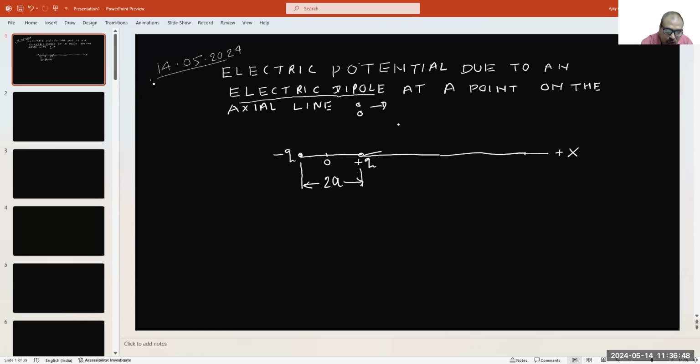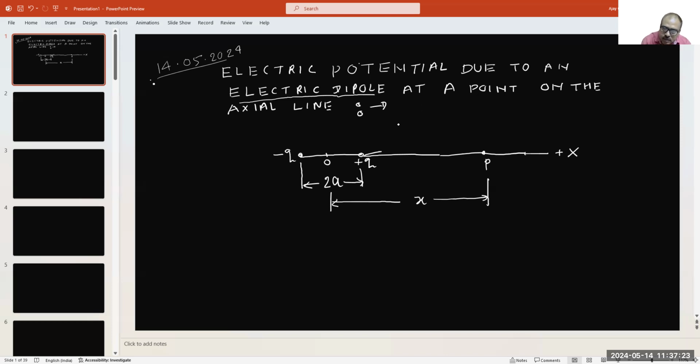How do we decide where the field lines are? Think of any one point P from the midpoint of the dipole, and think of x as the distance of the point P. Because it is the axial line, we have taken OP as x.